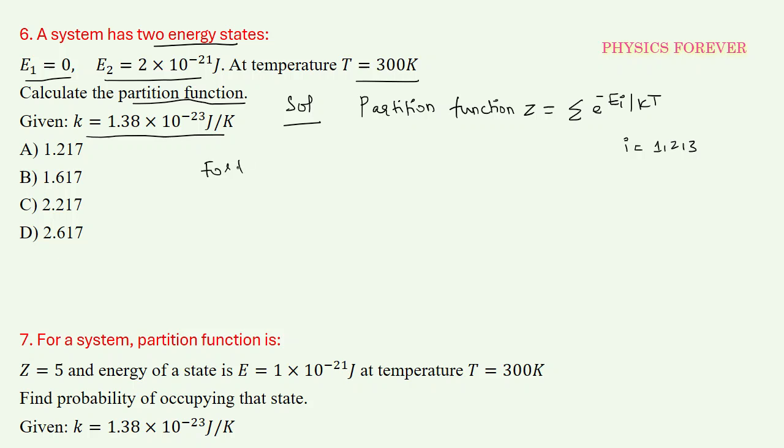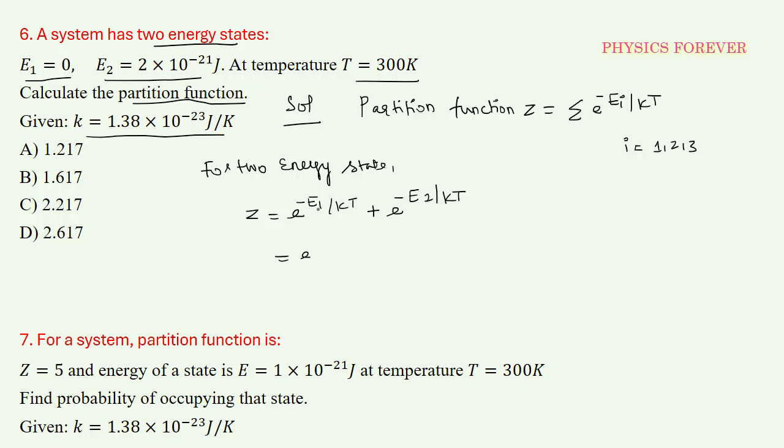For two energy states we can write Z equals e power minus E1 by kT plus e power minus E2 by kT.